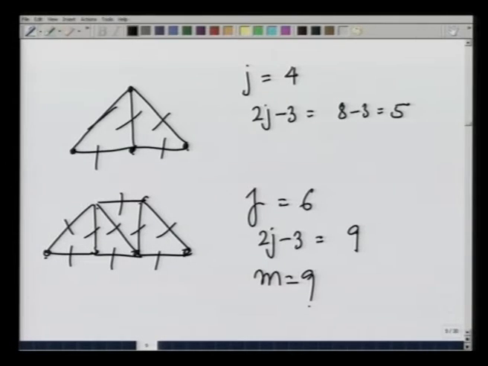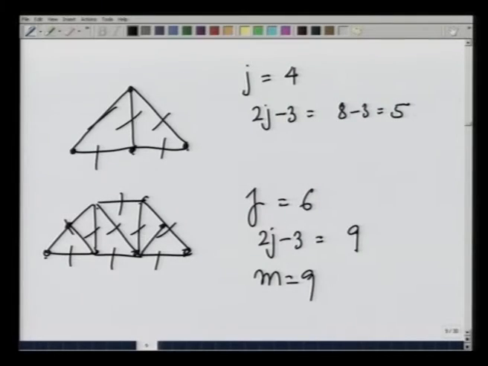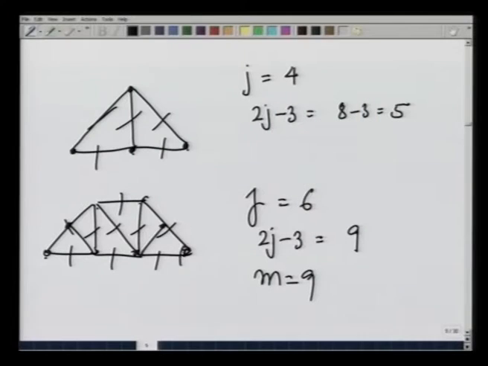So, this is also a statically determinate structure. If I add more rods here, maybe like this, maybe like this, although I am increasing the number of joints, at some point it may become a system which is statically indeterminate. On the other hand, if I have fewer members than 9, then it will be a structure which may collapse. It will not transfer forces in an easy or consistent manner to the sides.